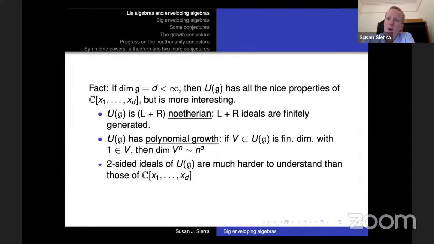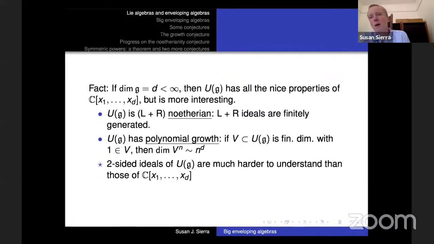So that's all elements I get as taking n elements from V and multiplying them together. And I look at the dimension of it. And the dimension of it turns out to be proportional to n to the d. So from this Lie algebra of dimension d, I get a polynomial of degree d that measures the size of this vector space. So this is saying, in some sense, that d is measuring the size of the algebra, and in particular, the dimensions of this V to the n are given by a polynomial.